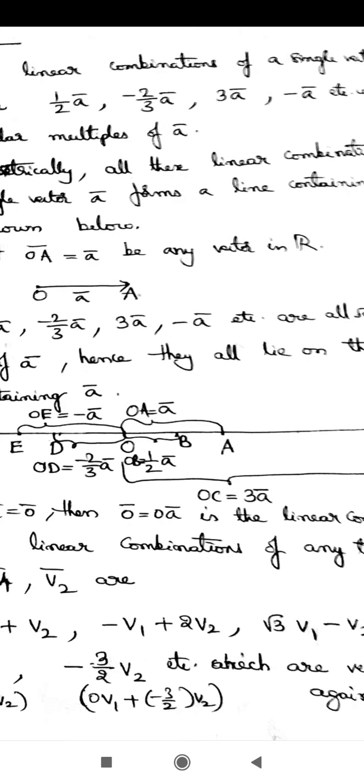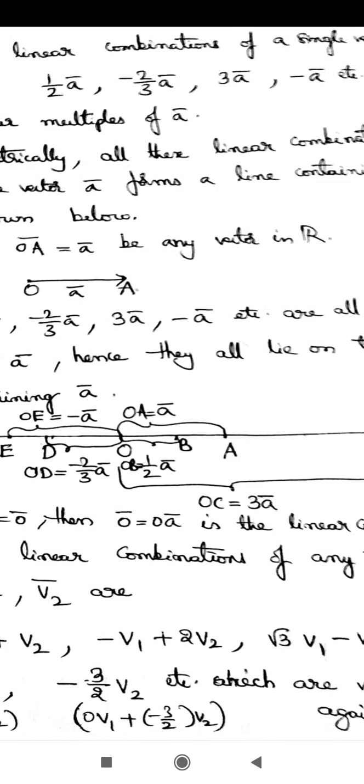See here, what is the first one, 1 by 2 a bar. This is half of a bar, so it will be of magnitude half times the original vector a bar, and it will have the same direction as a bar.